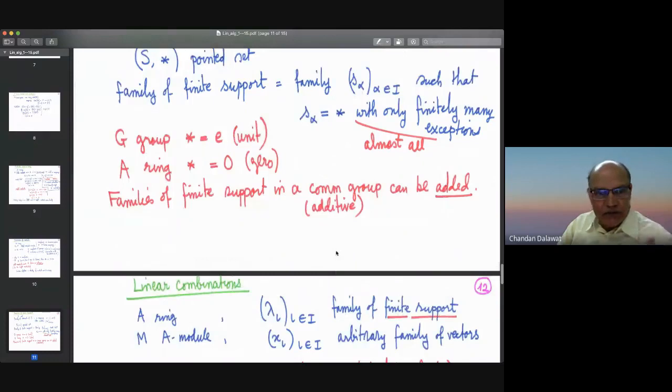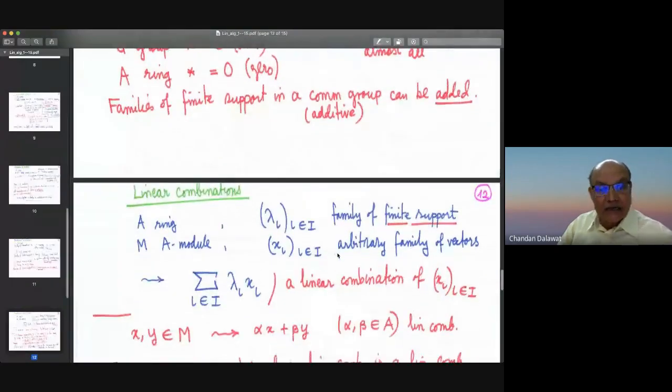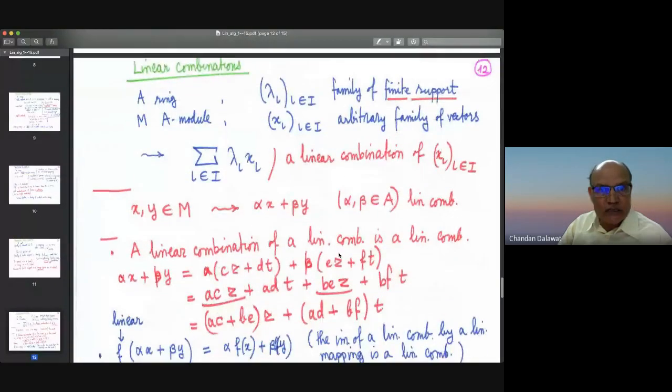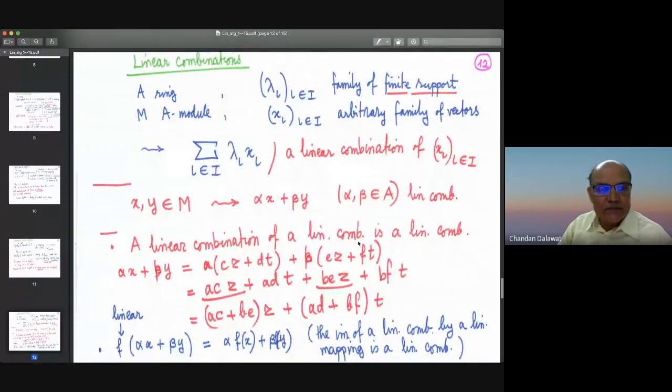It has nothing to do with modules and so on, but let's now come back to modules. A very basic concept in a module is that of linear combinations.